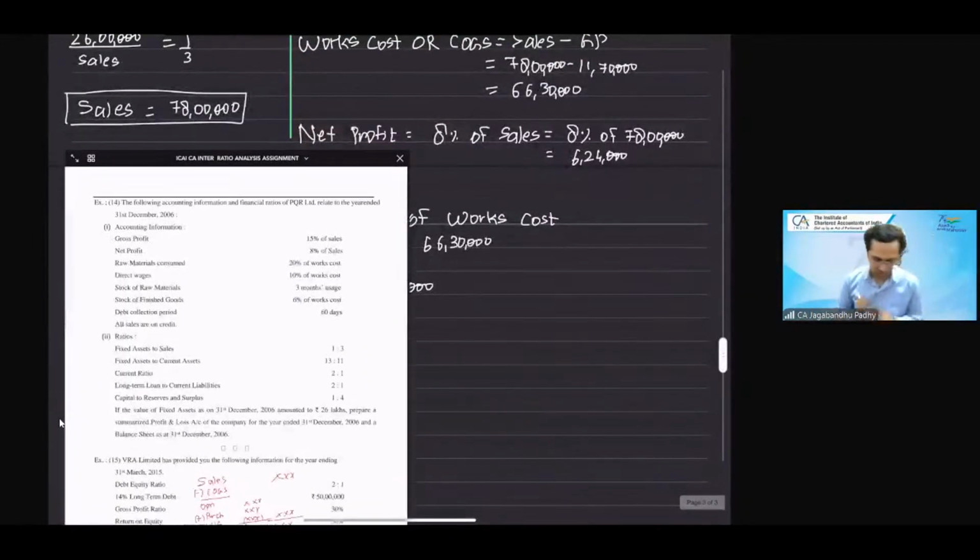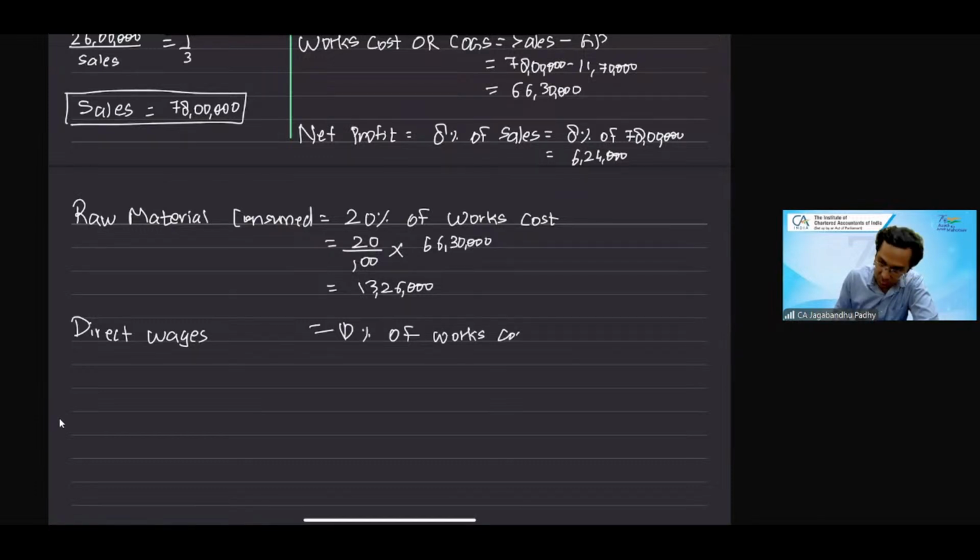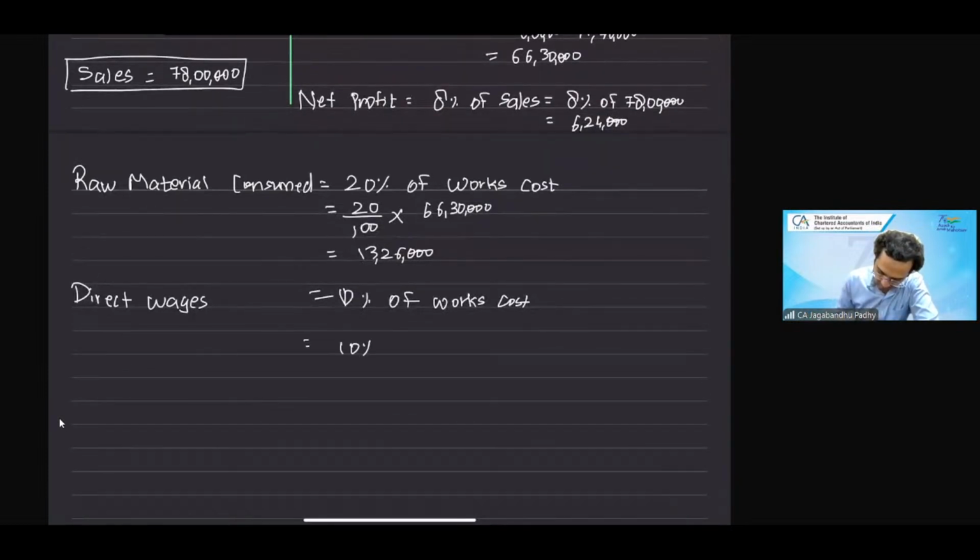Then the next item is direct wages, which is 10% of works cost. So 10% of 66,30,000 is 6,63,000.